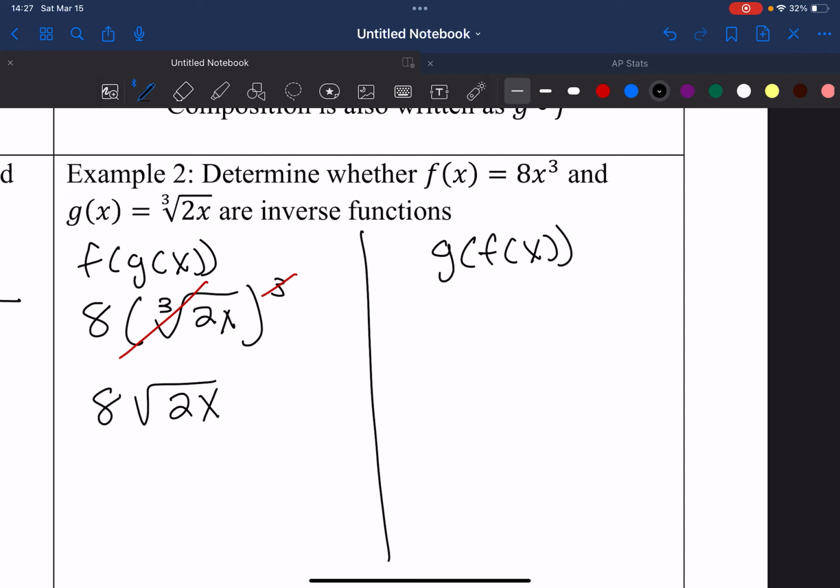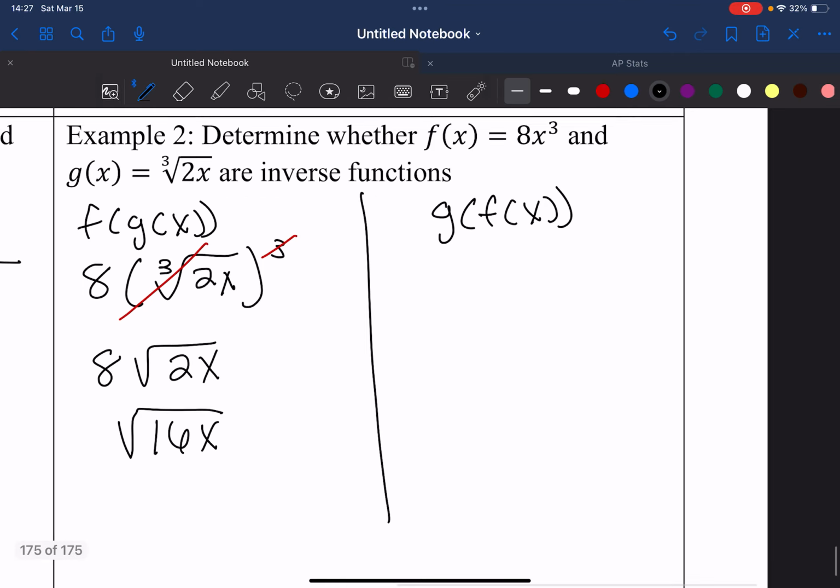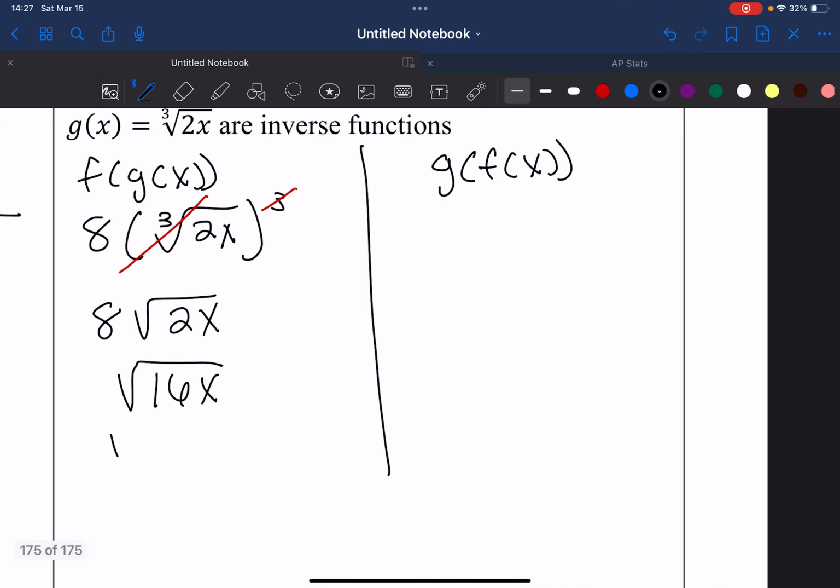If I multiply them together, that's the square root, real quick, I'm just double checking. Yeah. The square root of 16x, which is the same as saying the square root of 16 times the square root of x.